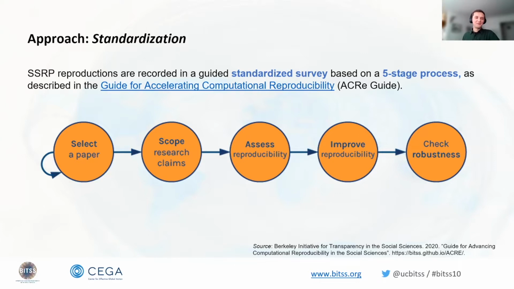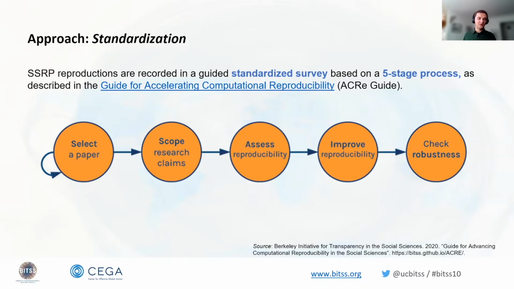First, it's standardization in terms of the process and the definitions. All reproductions typically follow this 5-step process. Reproducers are first guided through selecting a paper, then identifying its research claims, breaking down the paper into its basic elements, then rerunning everything, then potentially implementing any improvements, and then checking robustness.